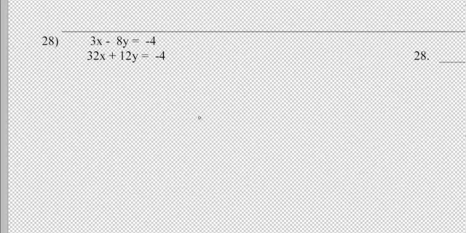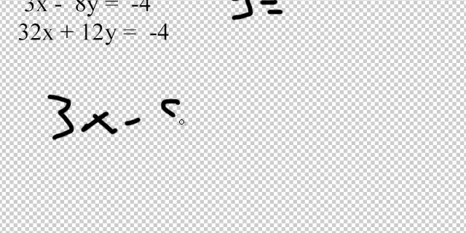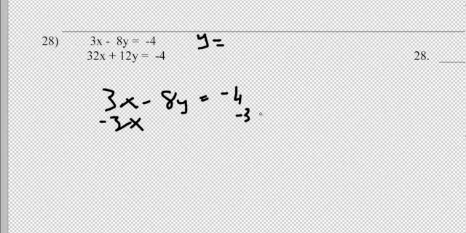Here we go. They both need changing to y equals, so nasty work. This one here: 3x minus 8y equals negative 4. Leave the y, take away 3x from both sides. You're left with negative 8y equals negative 4 minus 3x.